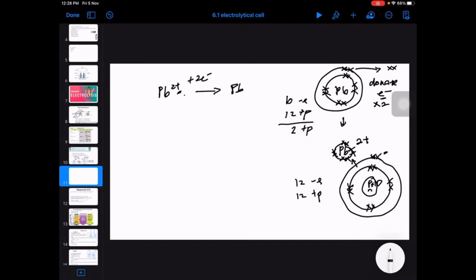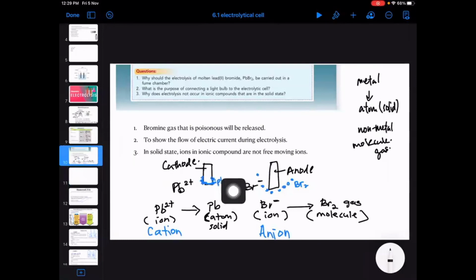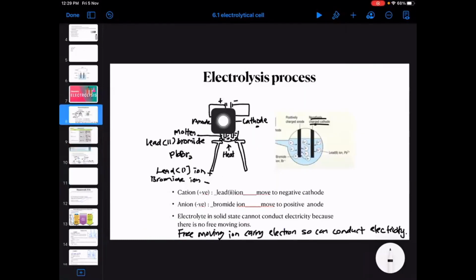So now these 2 electrons come back. When these 2 electrons come back, it goes back to this state: 12 negative electron, 12 positive proton. So it becomes atom again, no more charge, neutral. Okay, so where do these 2 electrons come from? These 2 electrons come from the battery.